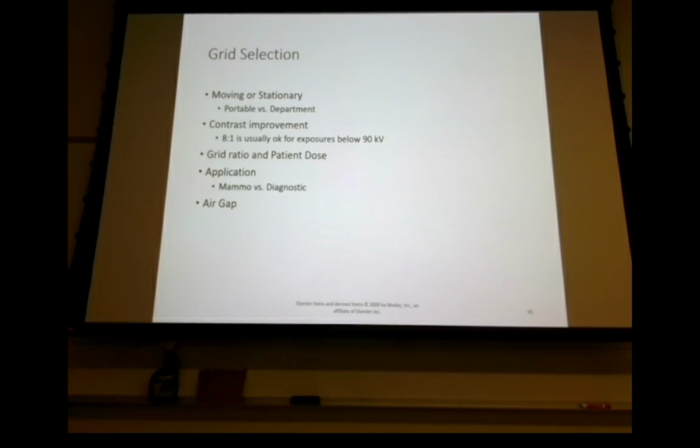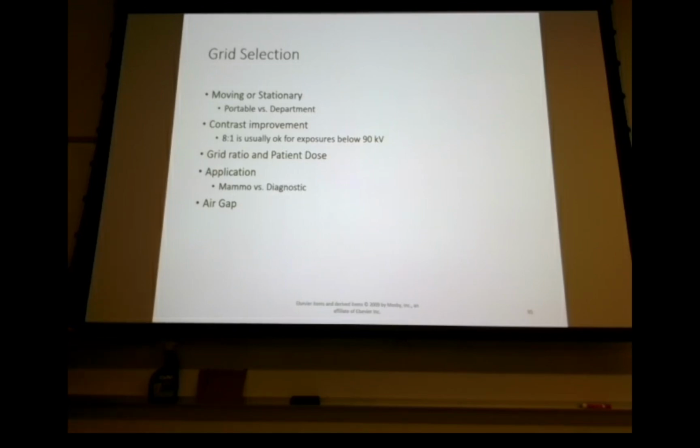So when you go into clinicals, if you're looking at a snap-on type grid, take a look at all the features of it. Chances are it's going to tell you tube side. That alone is going to tell you what type of grid. It's focused, right? So it's going to give you a range of distances, which is again going to tell you it's a focused grid.